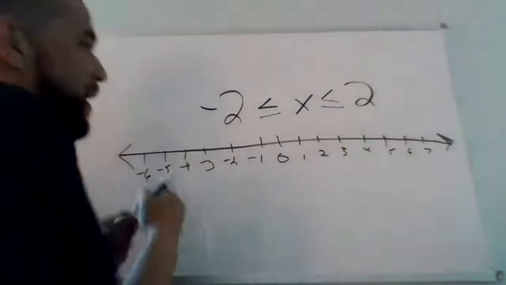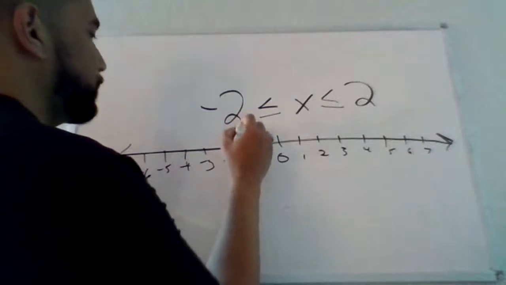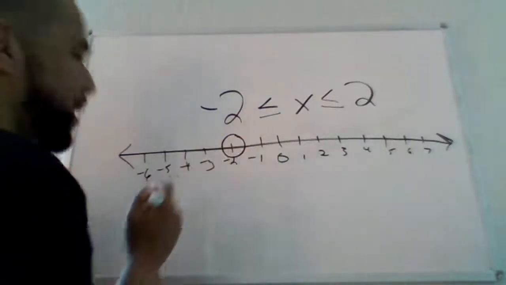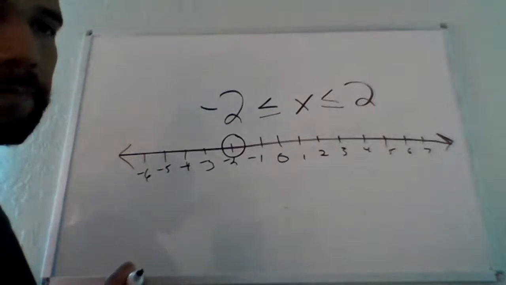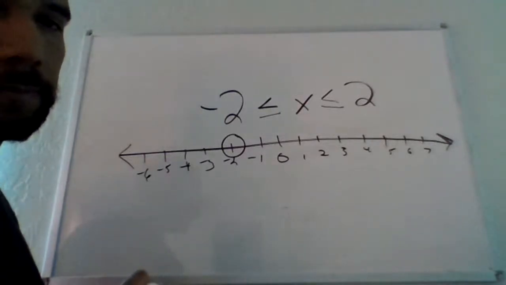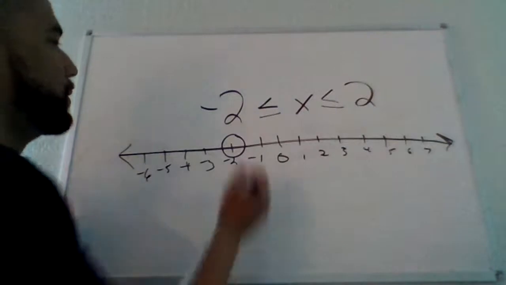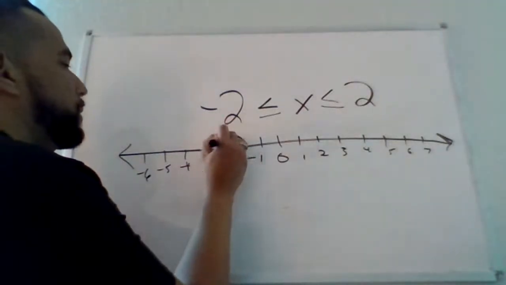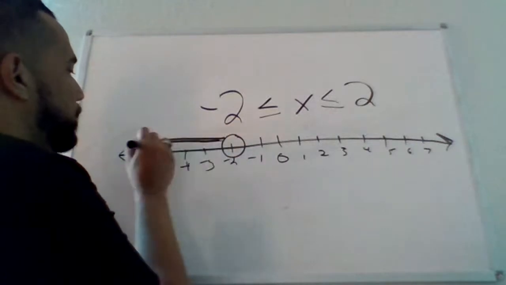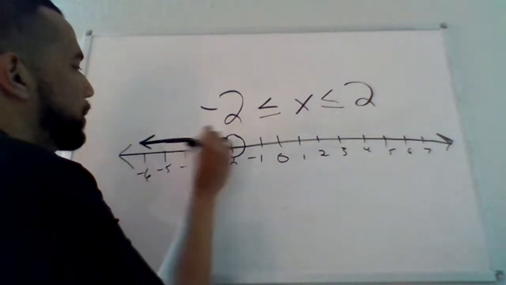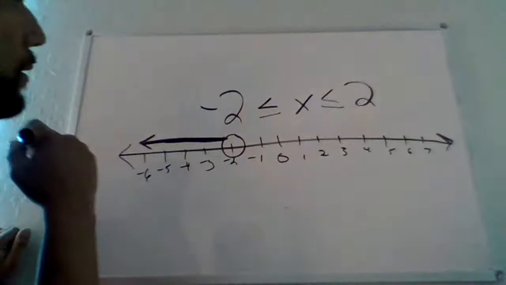Okay, so let's go to -2. Which direction is my arrow going to go? Go to greater than -2. No, greater, that's less than.